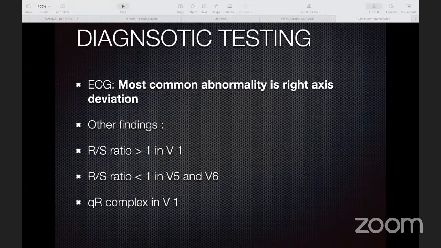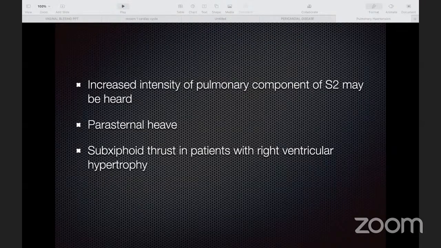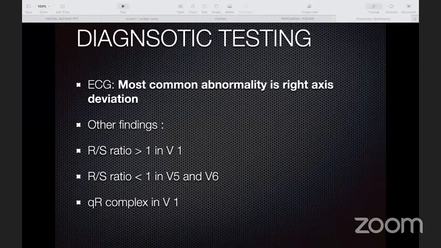Now, coming to diagnostic testing, what are the different diagnostic tests we can order and what are the features? In ECG, what we most commonly observe is right axis deviation. All these findings which I'm going to discuss in the ECG can only give us a thought of pulmonary hypertension, and these are neither specific nor sensitive to the diagnosis.